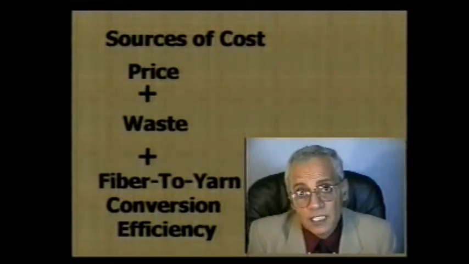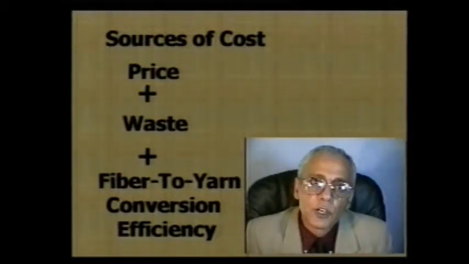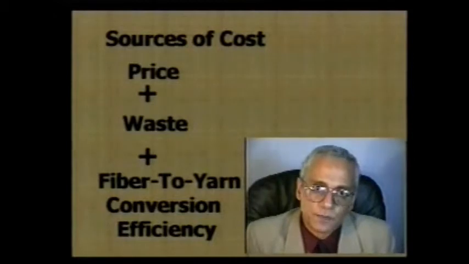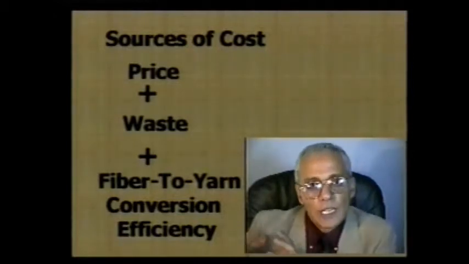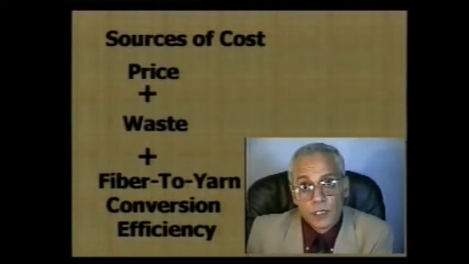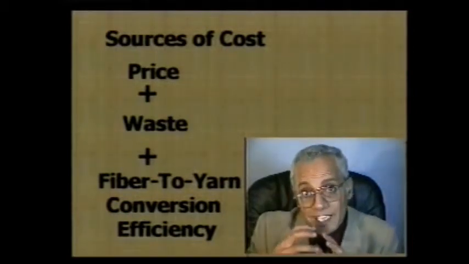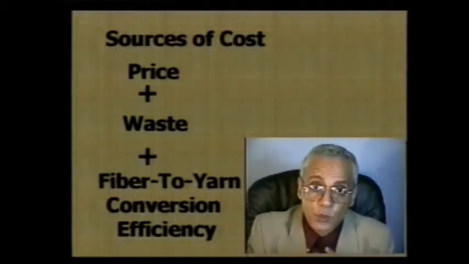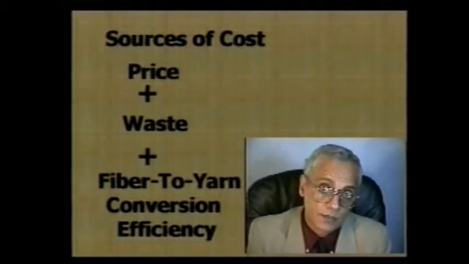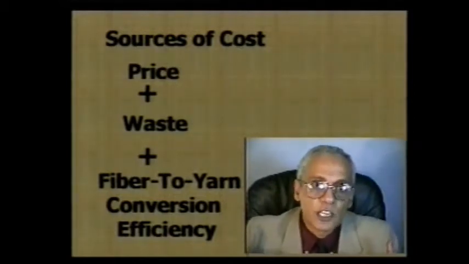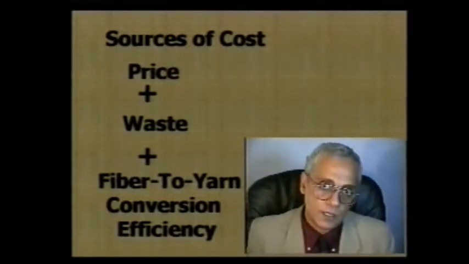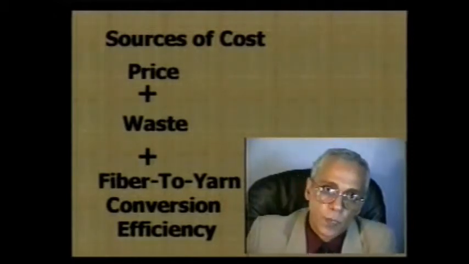So here is the key issue. Are we really converting the fiber attributes to yarn attributes in the sense that we can utilize all these attributes in the yarn characteristics? What is our efficiency of conversion? This is a key issue.